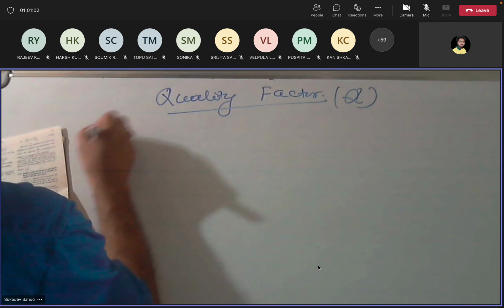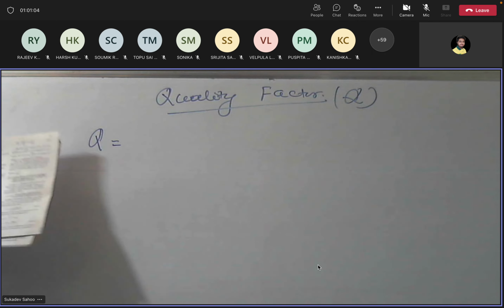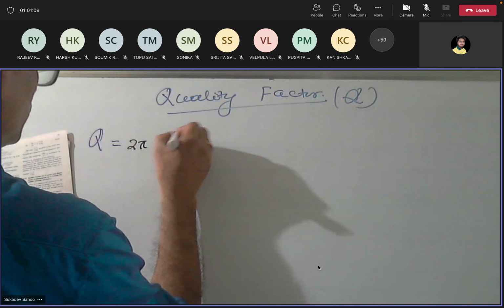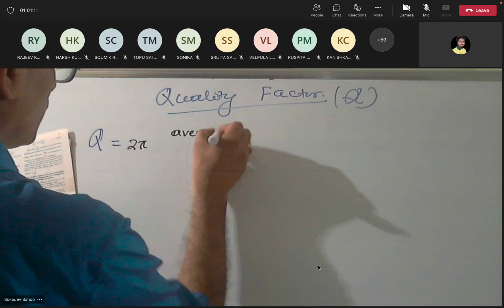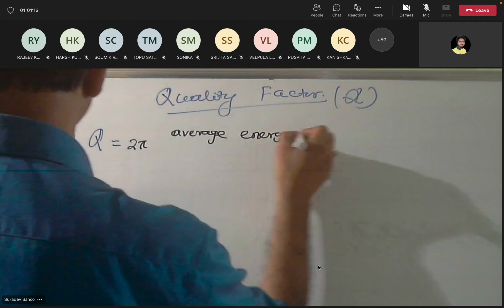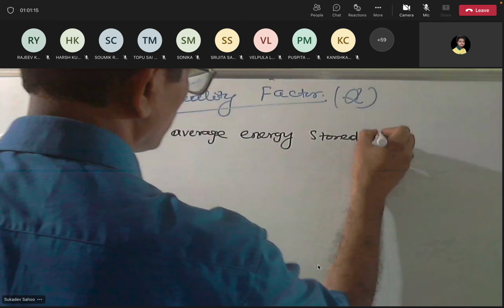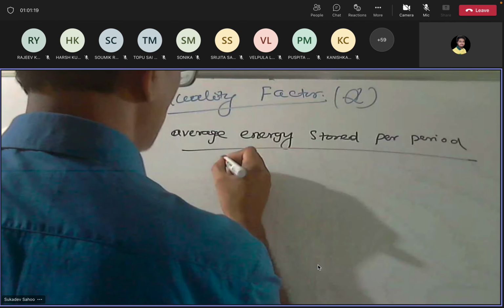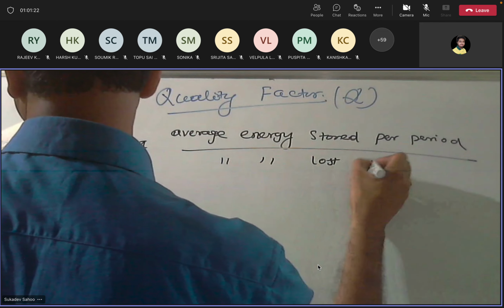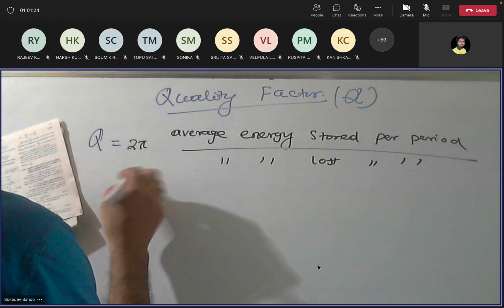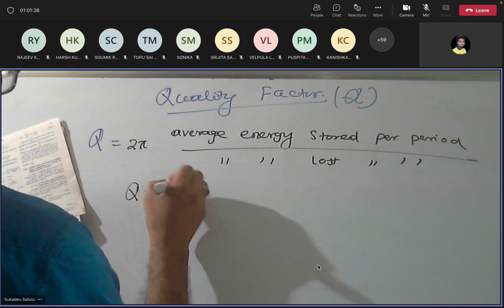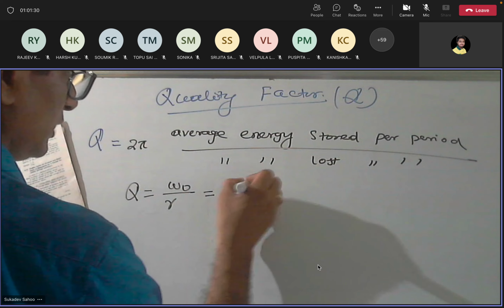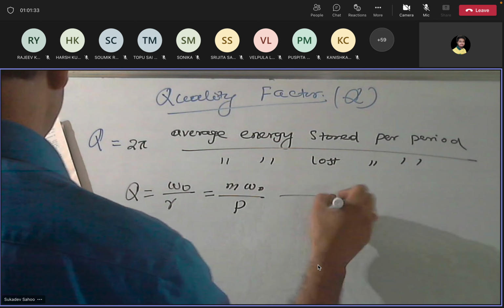And the expression, I think all of you know that Q equal to 2 pi into average energy stored per period divided by average energy lost per period. And your Q equal to omega 0 by gamma. This is also, we can say, M omega 0 by P, like this.